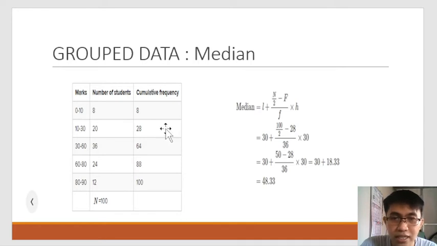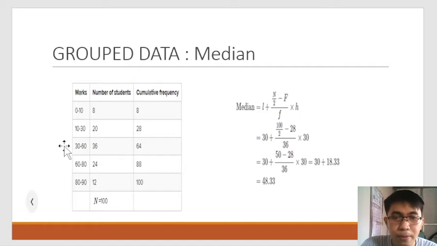So, in this case, asan po yung cumulative frequency na mas mataas agad sa kanya? Yung susunod sa kanya, 64. So, using that rule, ito po yung ating median class, yung 30 to 60. So, kung ang tanong po is the median class, ang sagot is the 30 to 60 mark.